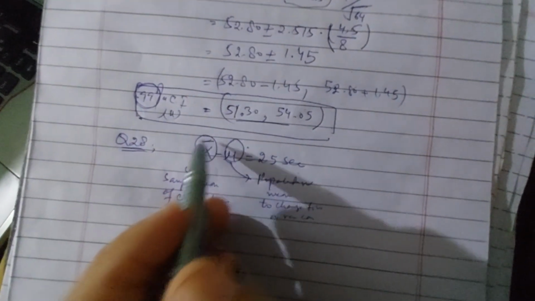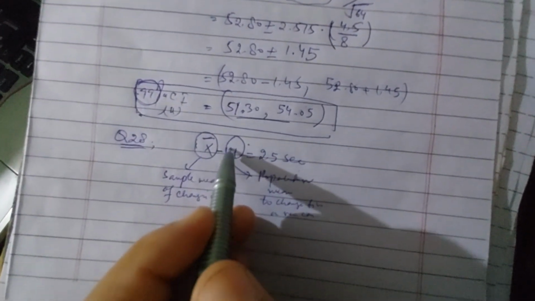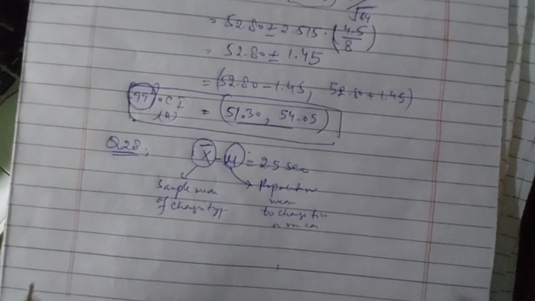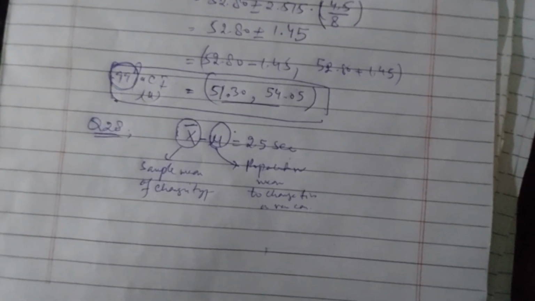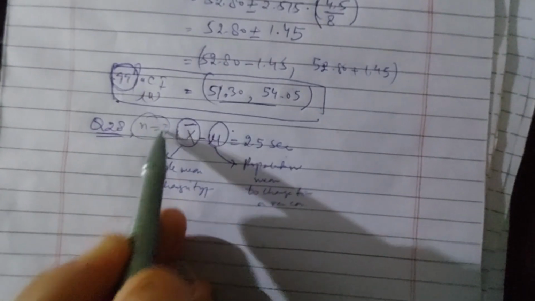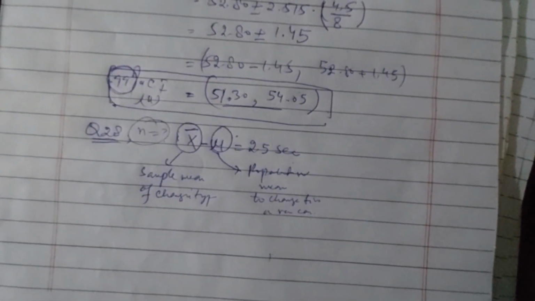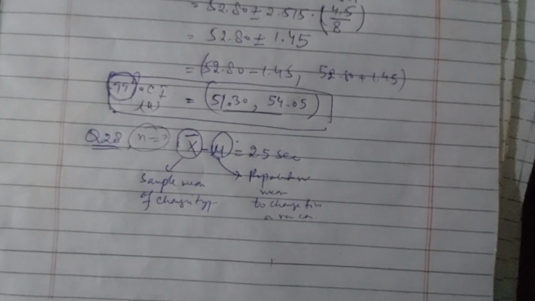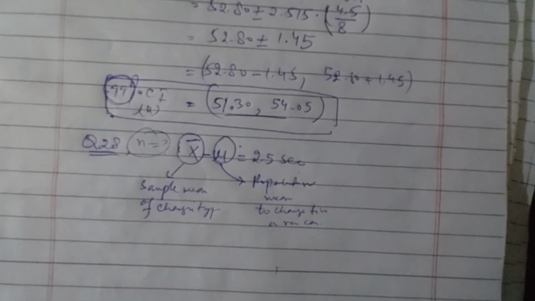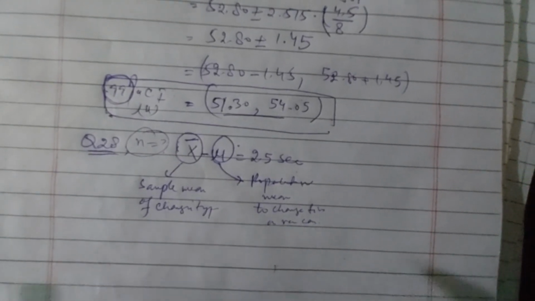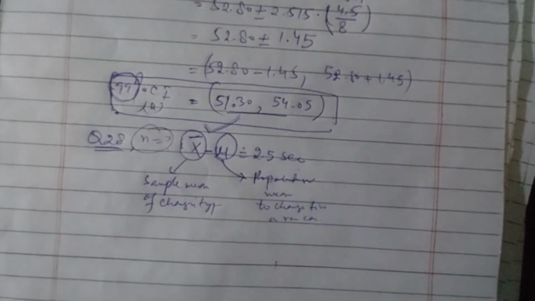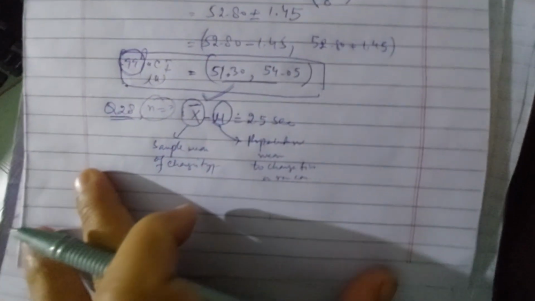The difference between the population mean and the sample mean is 2.5 seconds. So they want us to find the sample size n for which the investigator can say that we are 95% probable that these two differ from each other by 2.5 seconds.